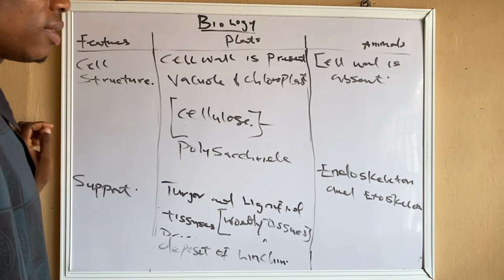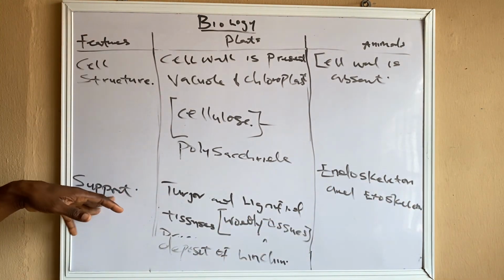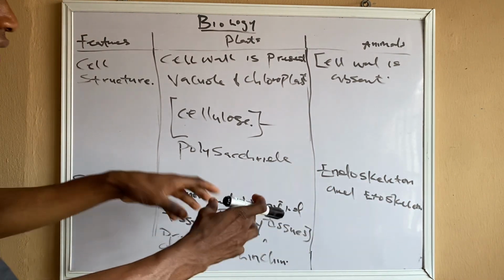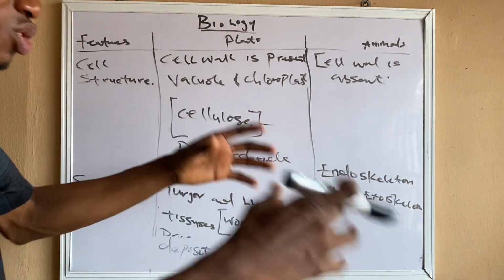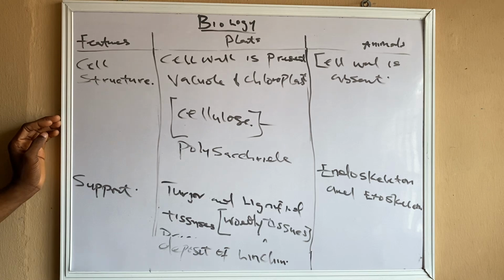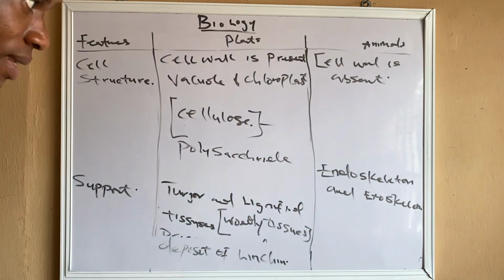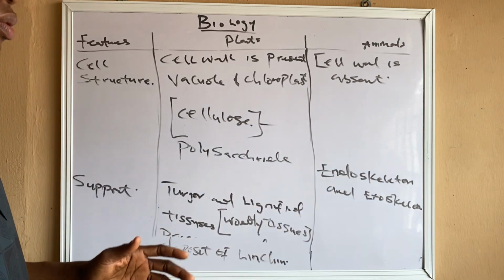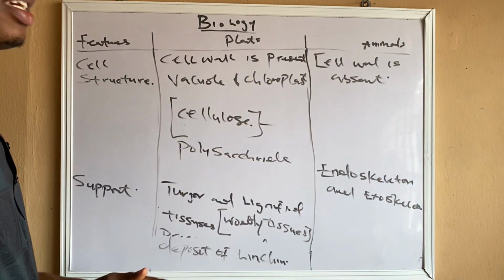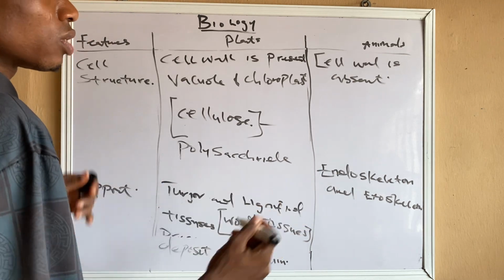But here, we have the endoskeleton and the exoskeleton, because this is their own support system. What makes a tree stand as a tree is either turgor or lignified tissues. That makes them stand erect. But in an animal, we use either an endoskeleton or an exoskeleton.